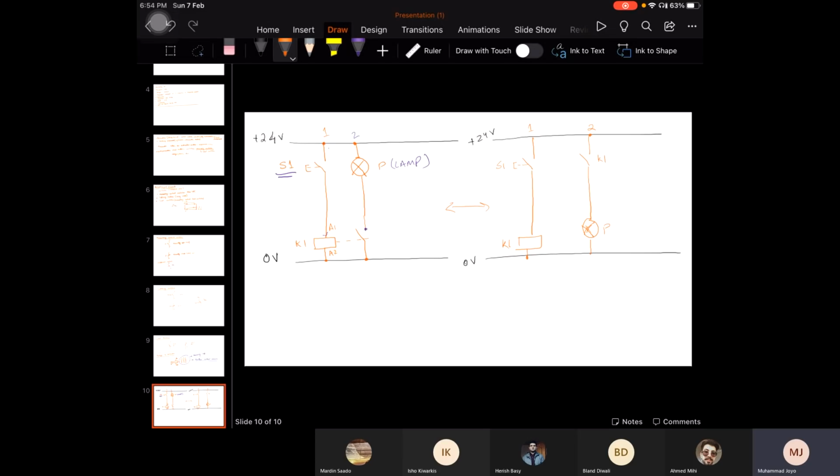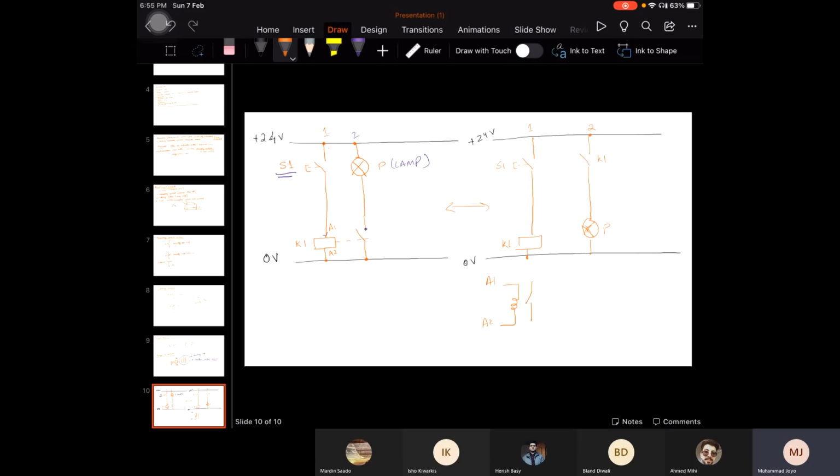Is there any confusion between the two diagrams? So the K1 switch on the right, you just represented that way, but in reality it is connected to the K1 coil. Yes, it is connected to the K1 coil. Similarly, there is a coil, A1 and A2, and there is a normally open contact.